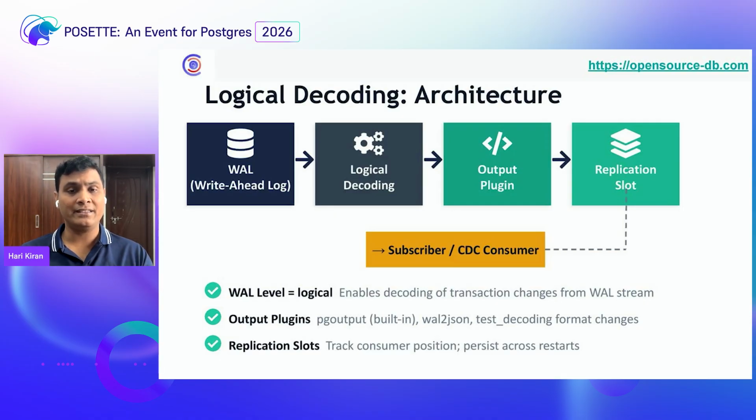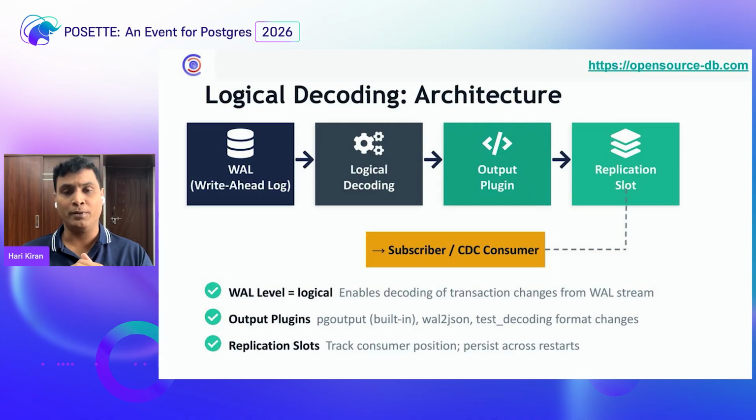That WAL data passes through the logical decoding layer, and this is the engine that reads the raw WAL records and translates them into a stream of logical change events. It handles transaction boundaries, the snapshot management, and the ordering guarantees that make replication super reliable.